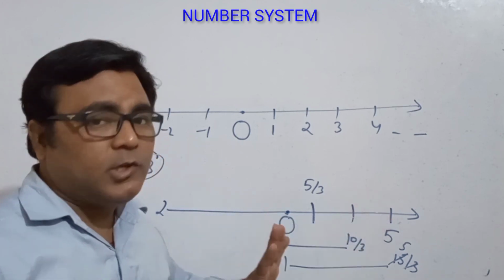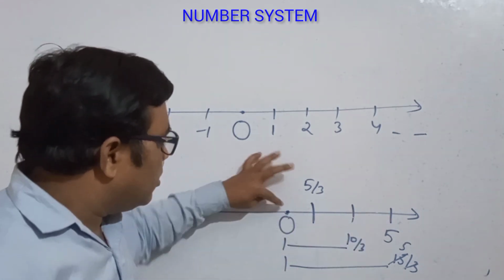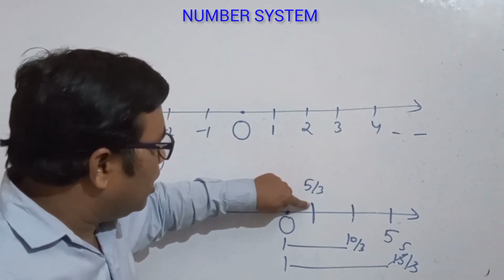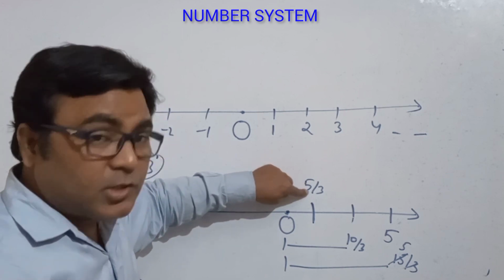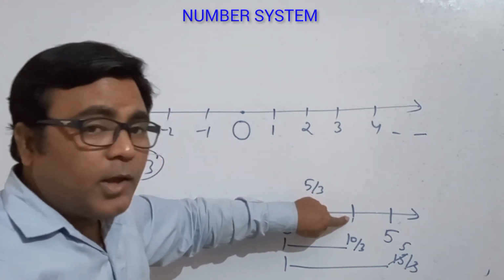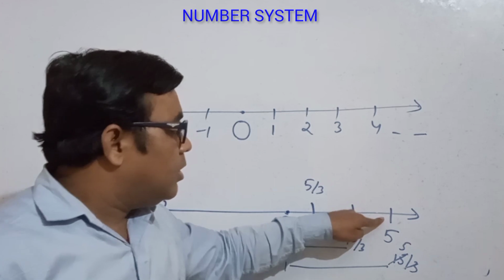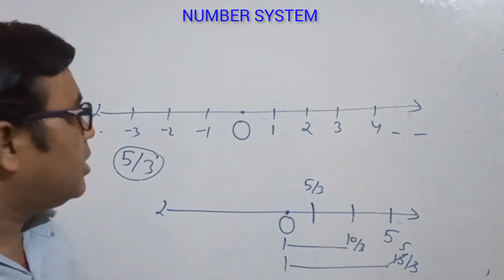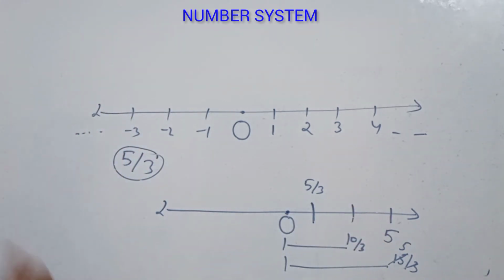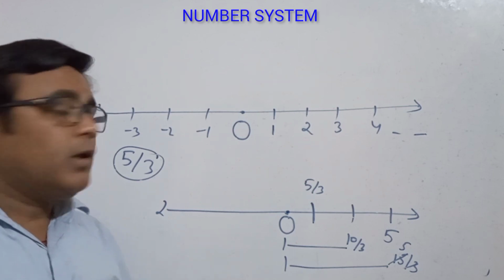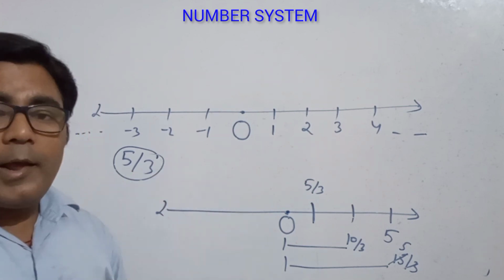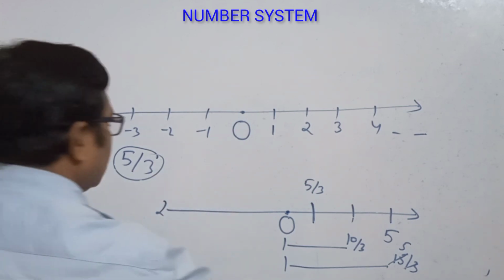From 0 to this point, this represents 5 by 3, this 10 by 3, and this one 15 by 3. Hence, we have learned how to represent any rational number on number line. Next example is, suppose that we have to represent minus 2 by 3.